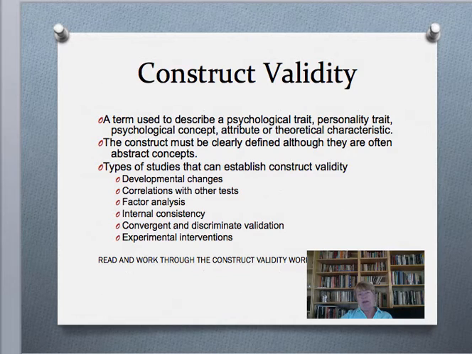So we have a set of beliefs about how the content of our test should change based on our theories. Developmental changes are a good example. I expect that students' scores would increase on a test as they grew. As they got older, their scores would get higher. And if that is the case, that is one measure of validity.